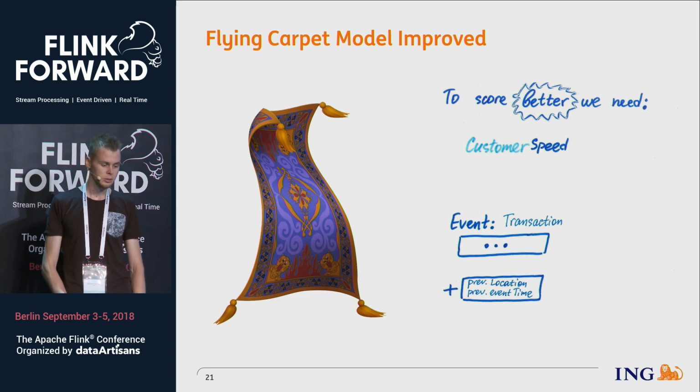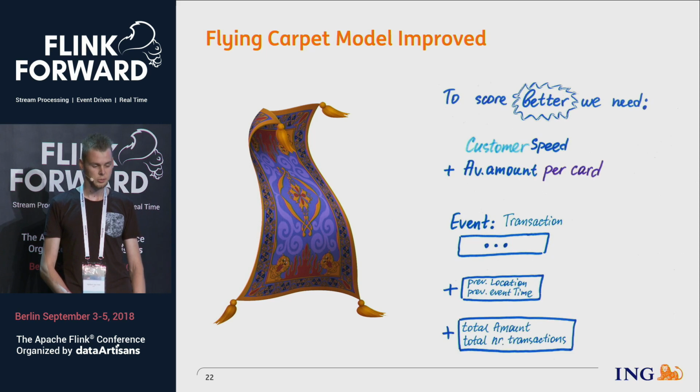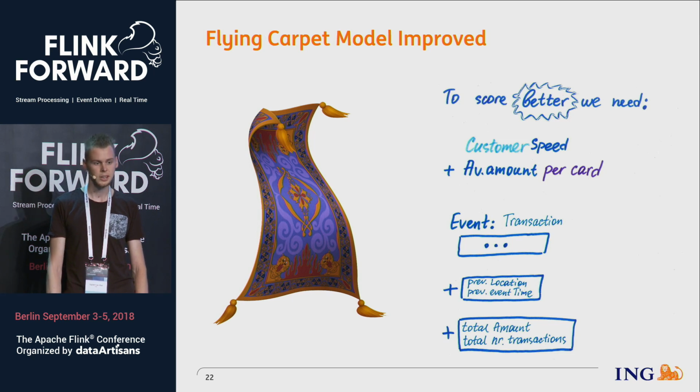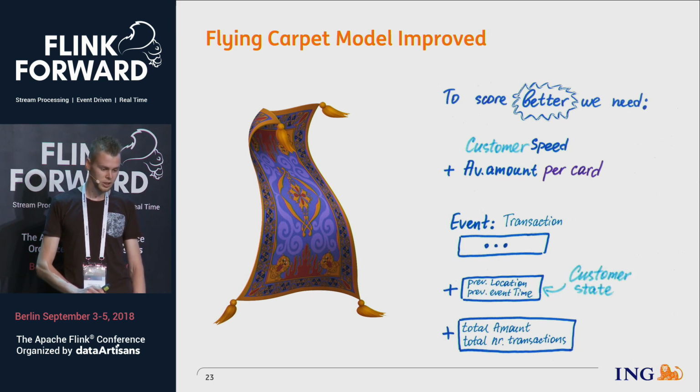For example, we could not only look at the customer speed, but also at the average amount that has been withdrawn for this particular card. So if somebody always just withdraws 10 euros and then immediately withdraws 10,000 euros, that might be an indication that something is wrong. So in order to determine that, we're going to have to keep two different pieces of state.